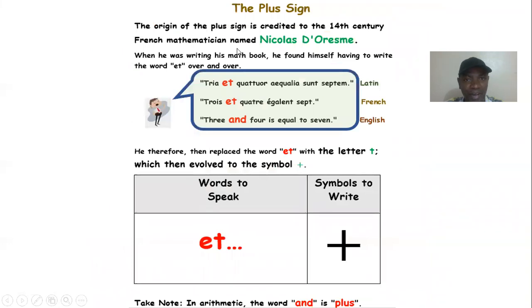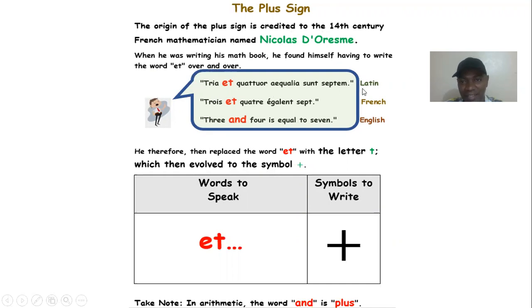Okay, then you have the plus sign, very famous sign in mathematics. The origin of the plus sign can be credited to the 14th century French mathematician named Nicolas d'Oresme. When he was writing his math book, he found himself having to write the word et over and over.